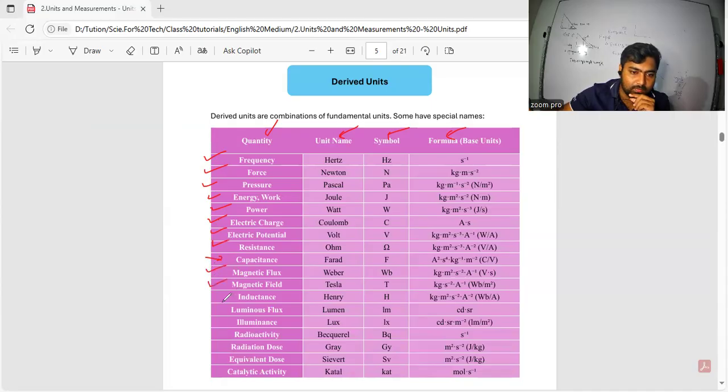This is inductance, yes, you need this one also. No need for this one. In our syllabus, only these are included, and you have to deal with these units. Okay, can you write this one?